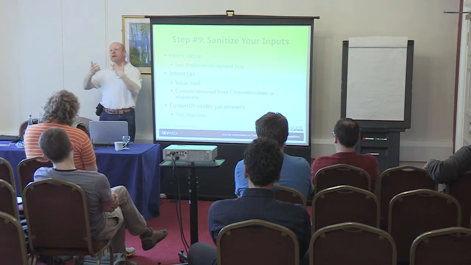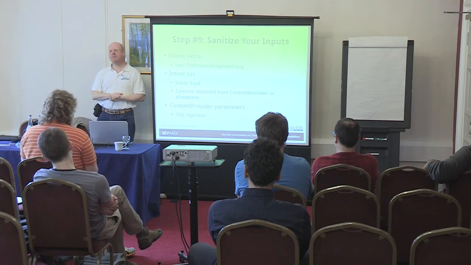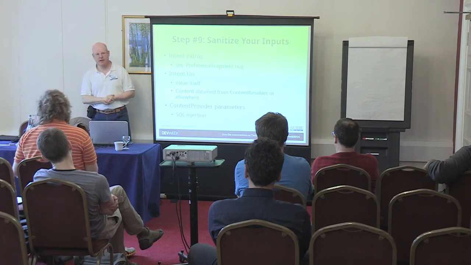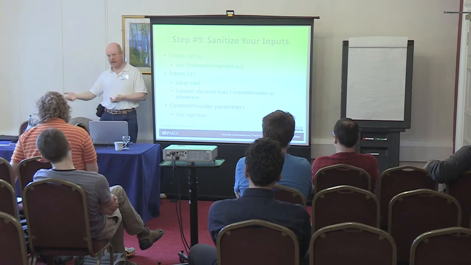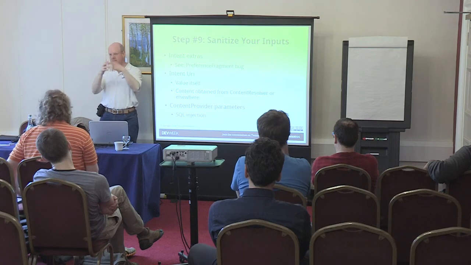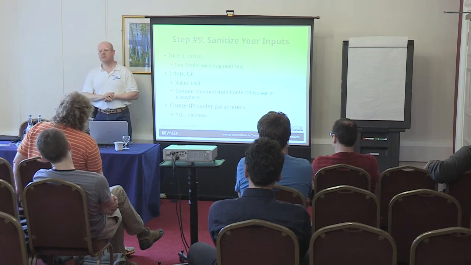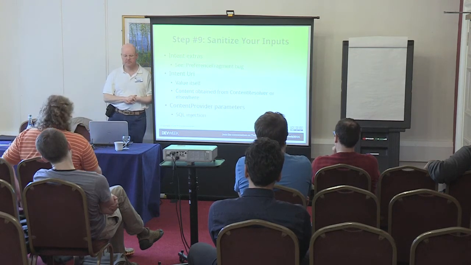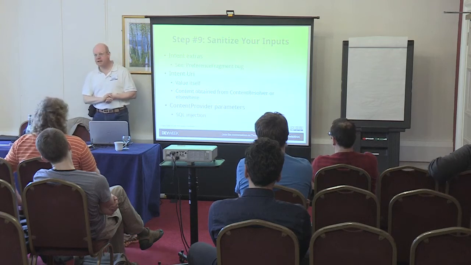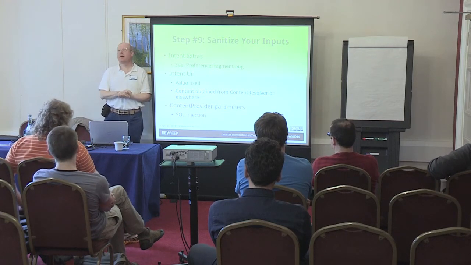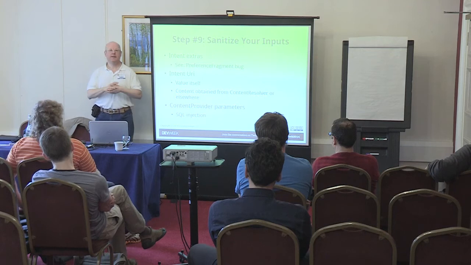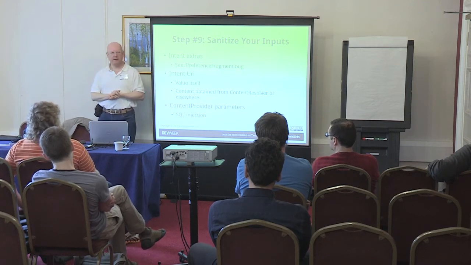And so there they were accepting an extra, they weren't sanitizing it to make sure that it was valid. They then added that into the API, leaving us to have to do the validation for them. The URIs that you get in on the intents, if there are certain characteristics that you're expecting that aren't going to be automatically handled by your intent filter, you might want to examine those.